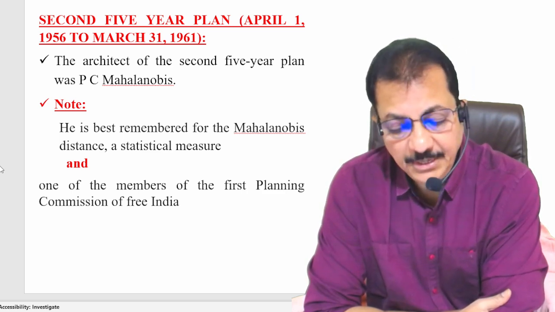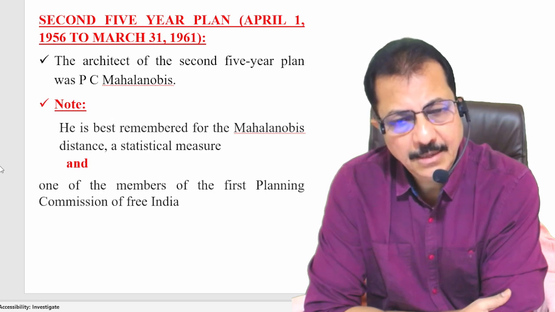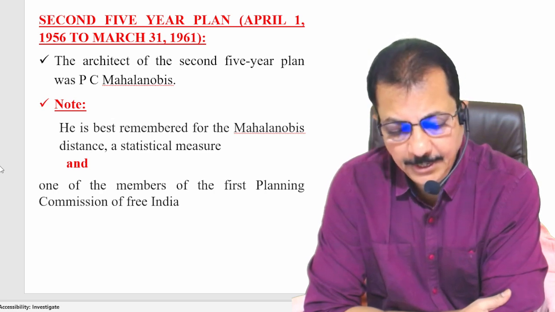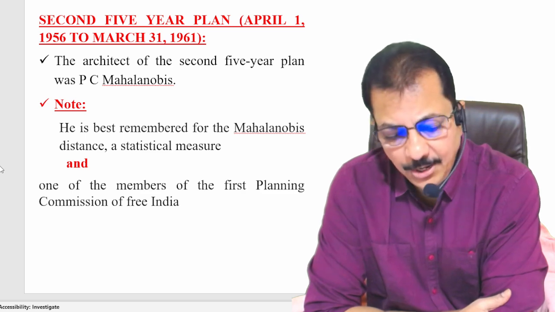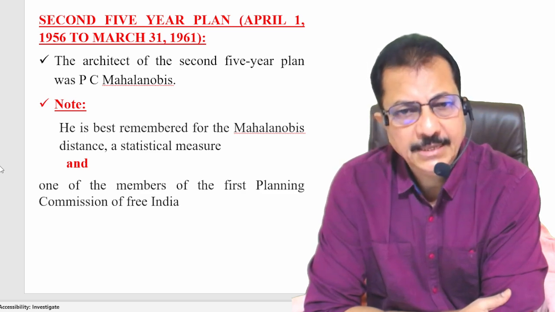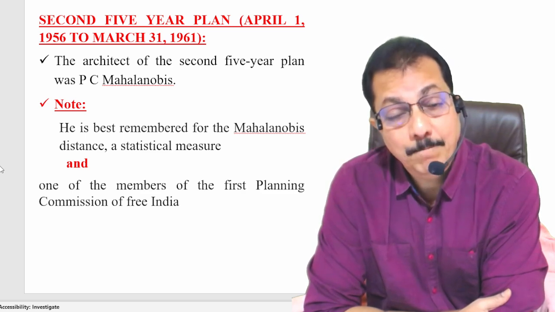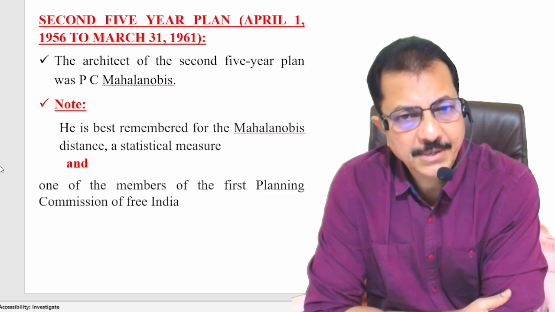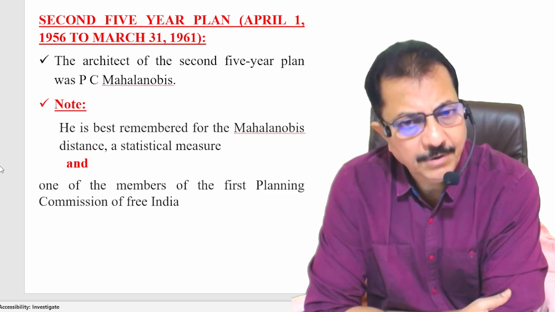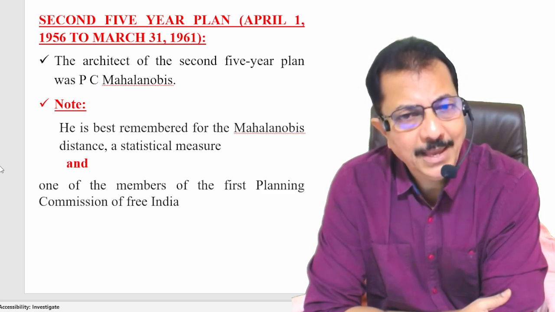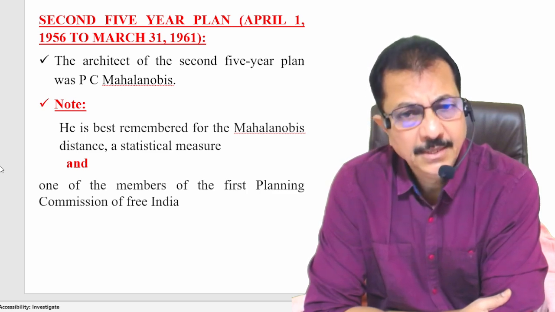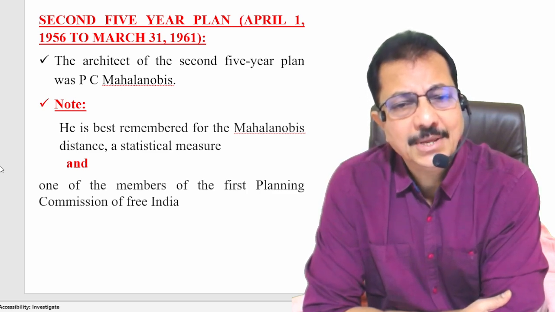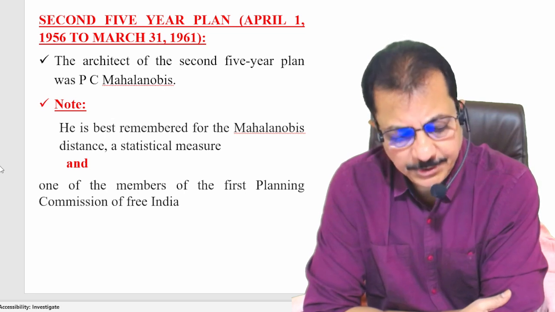This was developed by PC Mahalanobis. Clear? And this is named the Mahalanobis distance, and this is a statistical measure. Very important one. In the examination, they will ask you what is a Mahalanobis distance. So this is a statistical measure. Please make a note of this.